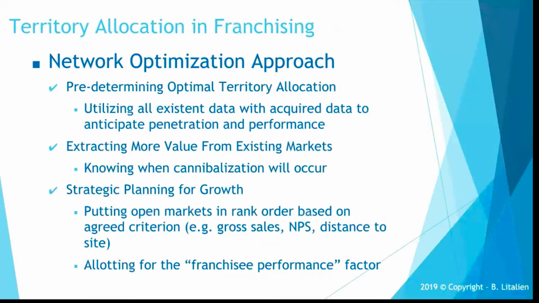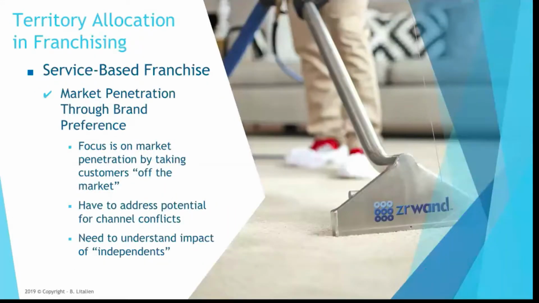So the next slide there, service-based, basically you're talking about penetrating a market, trying to create brand preference. The example you see here with the ZR Wand is, with the carpet cleaning franchise, the customer obviously is not coming to you. The franchisee is going to go to the customer.